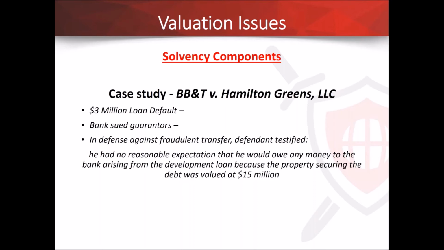The court's been making these decisions as BB&T has been chasing a guy named Ballinger, and they've filed several motions going after Mr. Ballinger. Most recently they went after him as a guarantor on a $3 million construction loan default, and so the bank sued him as a guarantor.